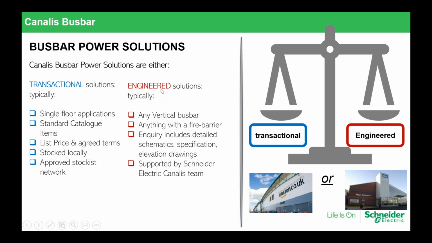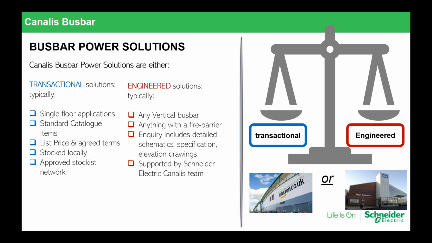It's what we call engineered solution, and every inquiry comes from your side to the distributor, from the distributor to Schneider, and every inquiry includes details, schematics, specification, elevations, drawings. And this engineered project or solution is supported by the Schneider Electric Canalis team.